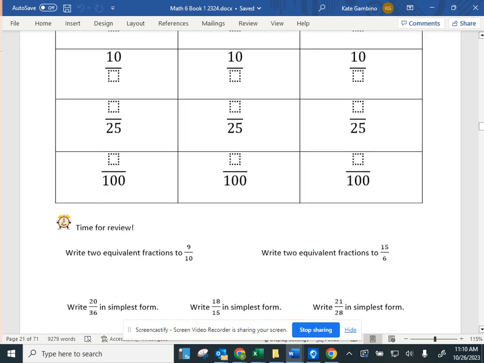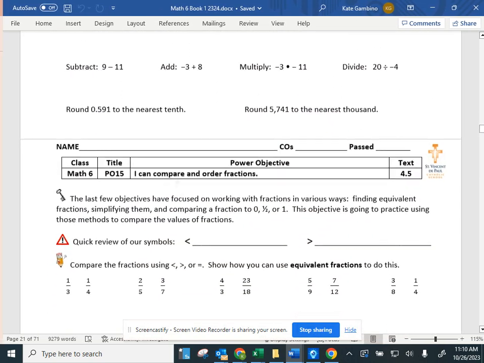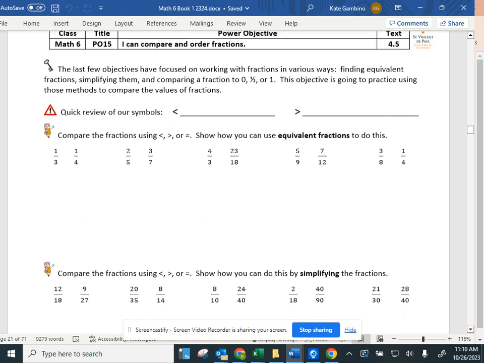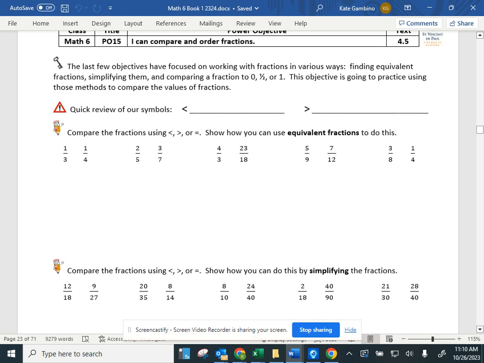All right, next up is PO15. I can compare and order fractions. So when we look at PO15, we need to remember our symbols.